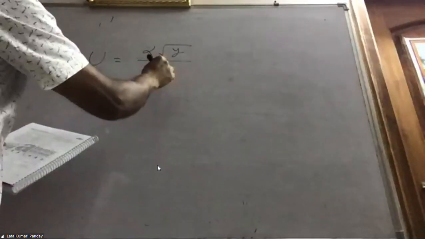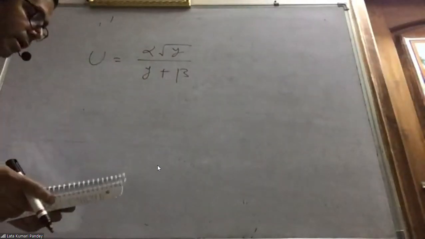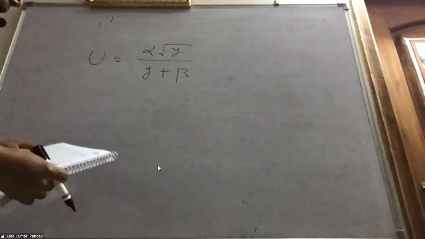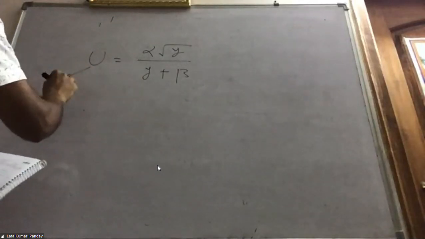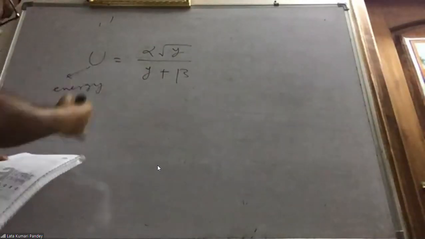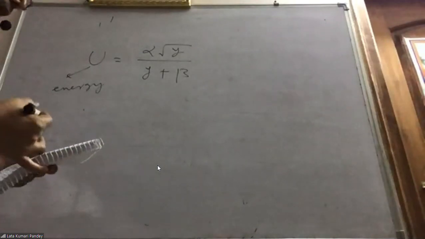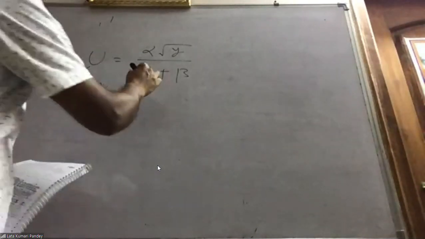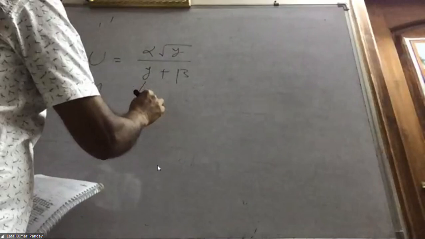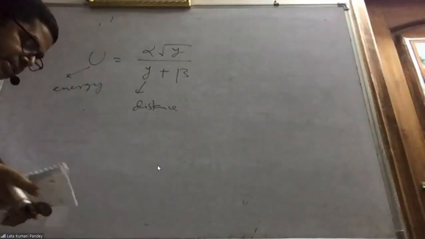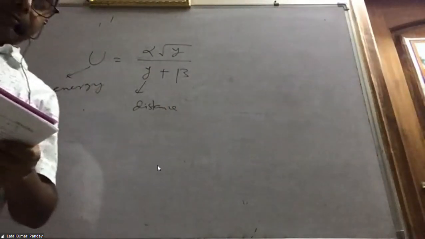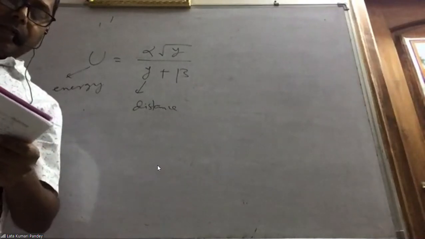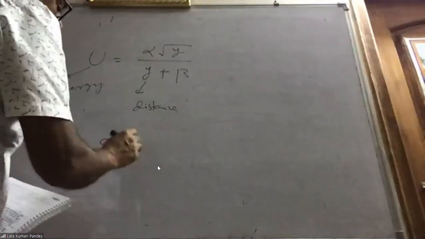U is equal to alpha root y by y plus beta. Energy due to position of a particle is given by U. U is energy and alpha, beta are constants. Y is distance. The question is the dimensional formula of alpha into beta.